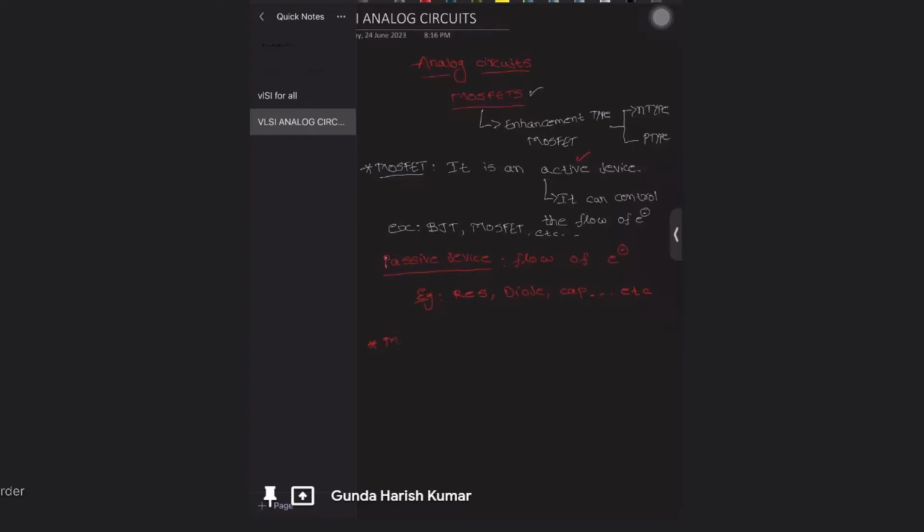And in the MOSFET there are two types: one I discussed as enhancement type MOSFET, and one is depletion type MOSFET. In depletion type, the channel is present initially.